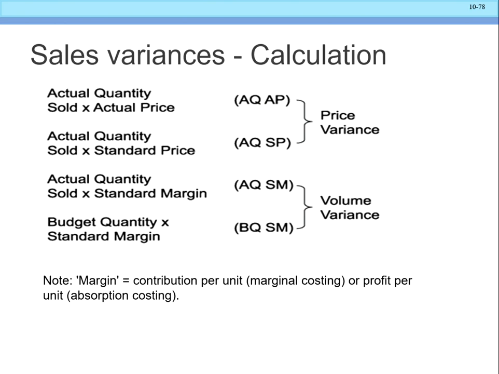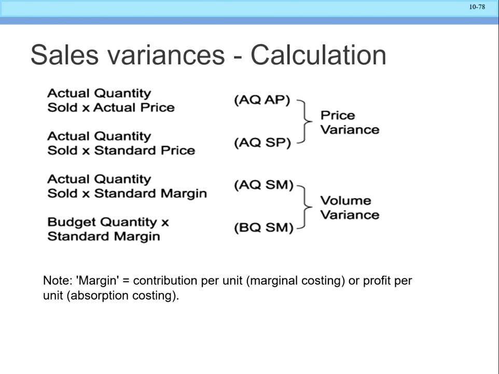So you can see in each of the brackets we have actual quantity. This is the same as saying actual quantity times actual price minus standard price, which is the same price variance as we dealt with in cost variances.